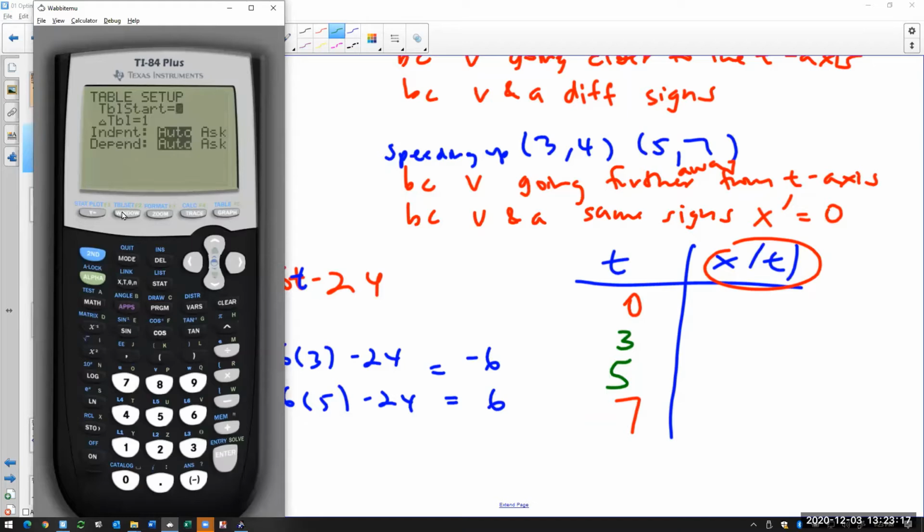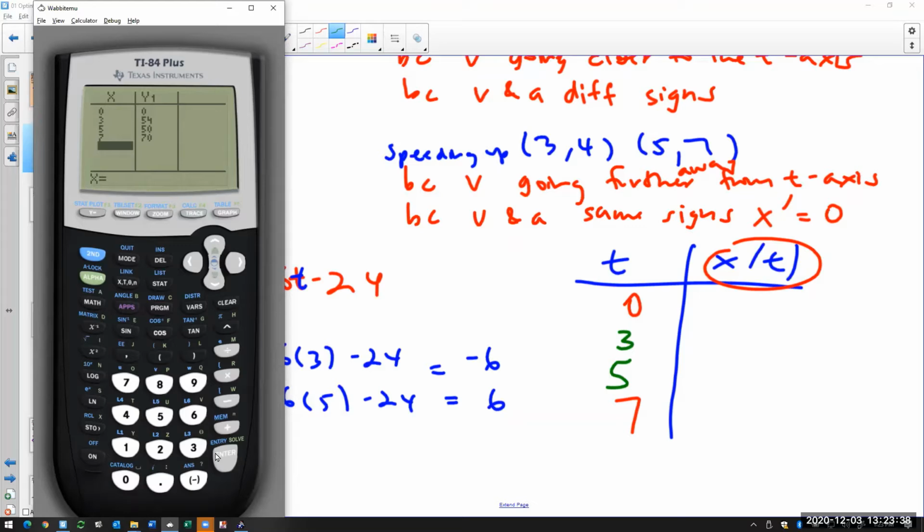Change your auto to ask. Then go to second table and just fill in your table and it'll duplicate that table over there. So I'm going to put 0, enter, 3, enter, 5, enter, 7, enter, and you just copy those numbers.